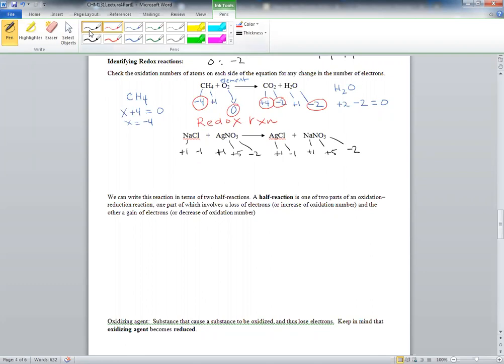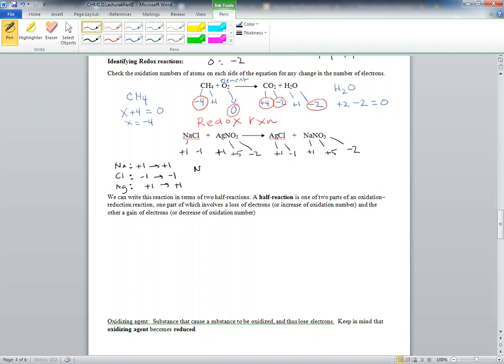So I'm going to list them for ease of seeing them. Na was a +1, went to a +1. Nothing changed. Cl was a -1, it still is a -1. Ag is a +1, went to a +1.